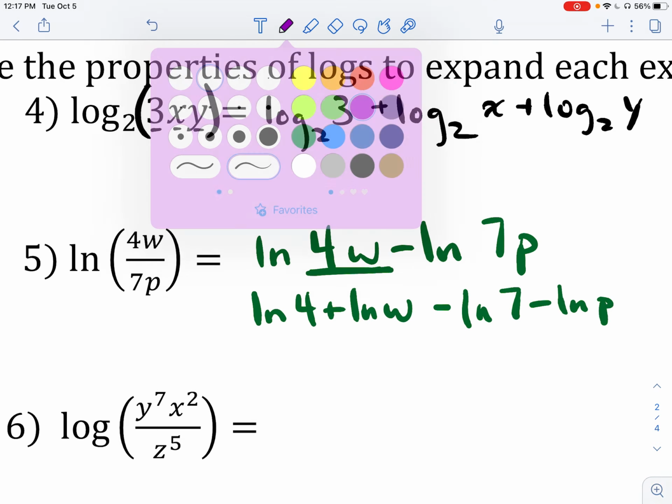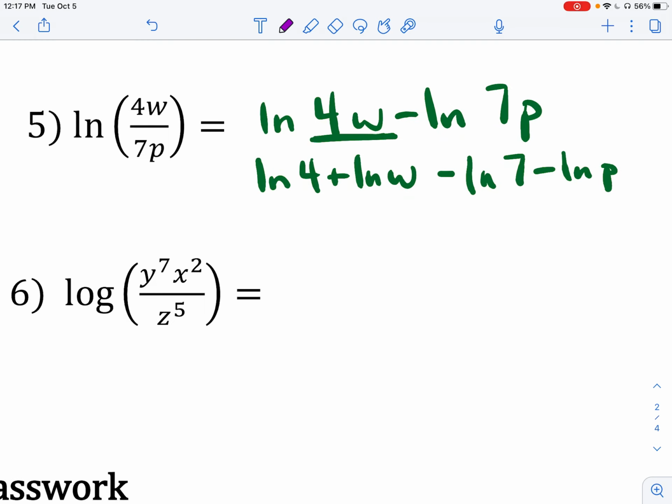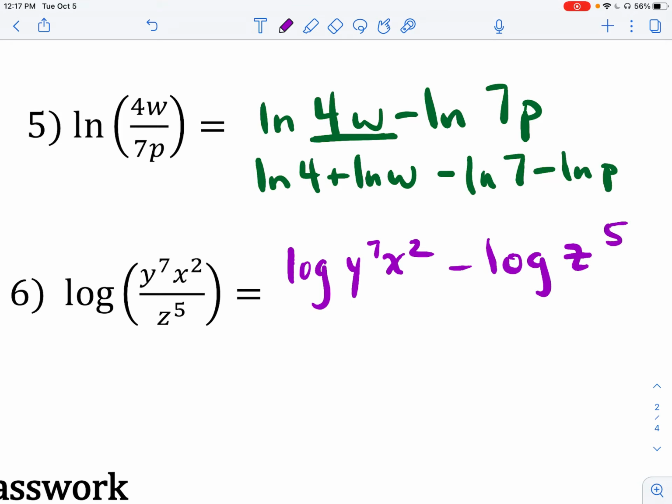And finally, this next one here, we've got a couple of properties that we're going to be employing here. So first off, let's start with the quotient property. So log of y to the 7th x squared minus log of z to the 5th. So that splits up the quotient. Now I've noticed again that I've got logs with arguments that are the product of 2 factors.